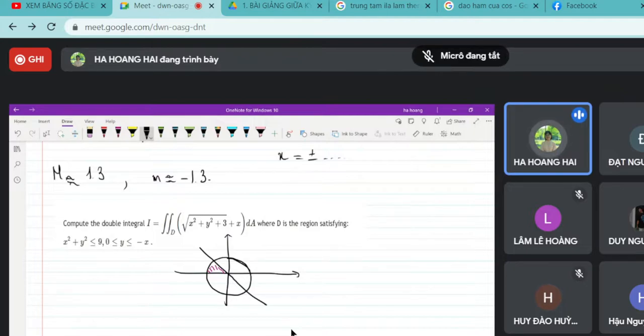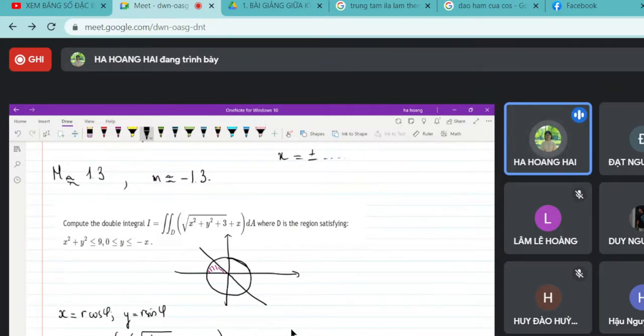So by using polar integral, we have to use polar here by letting x equal r cosine phi and y as r sine phi. And so the integral I has just become, the function gives us the square root of r squared plus 3 multiplied with x replaced by r cosine phi.